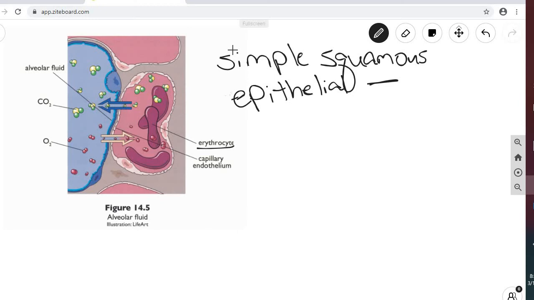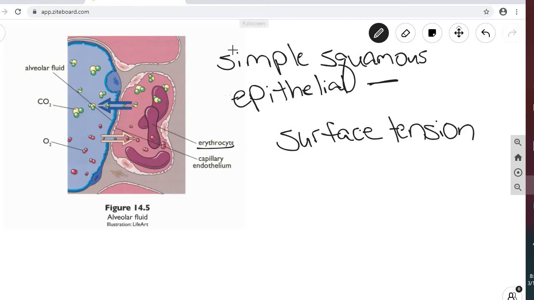Remember, I also said there's a lot of water in this area, and you may remember from chemistry or even from biology that water molecules like to stick together, and we call that surface tension. So water molecules are attracted to each other and they like to stay together. So when the alveoli fill up with air, that kind of forces these water molecules to move away from each other, but they don't want to move away from each other.